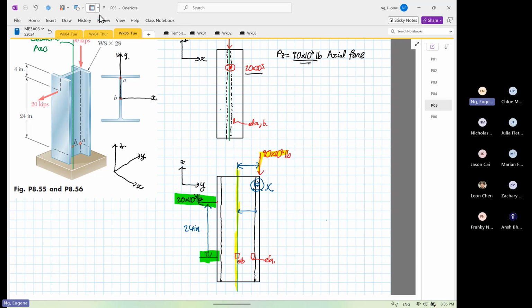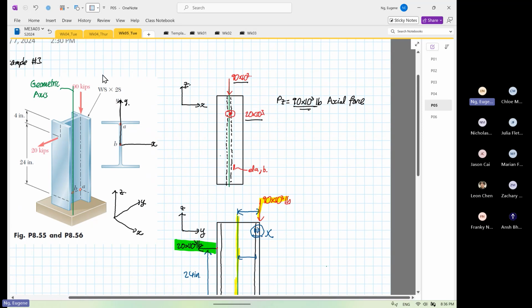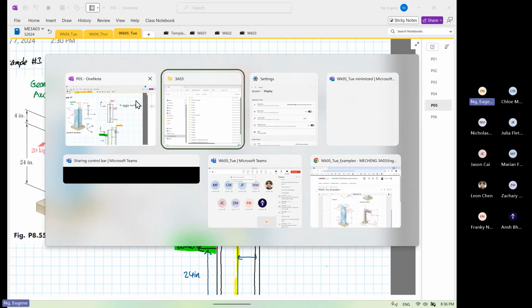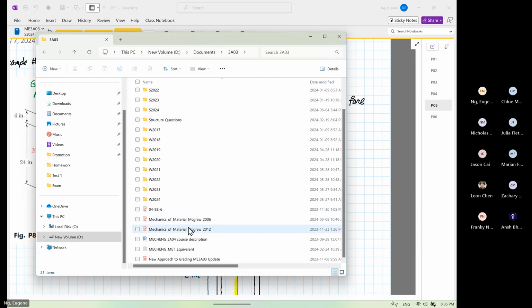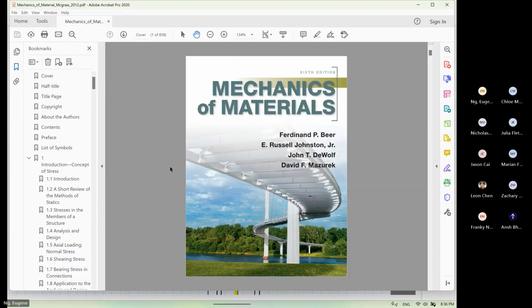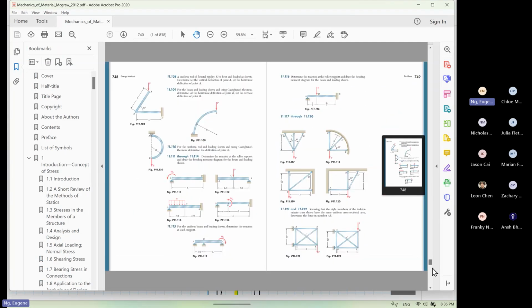Before I go on, we need to find out what this W8x28 is. So you go to the books. Sometimes if I'm doing a homework, I don't give you those values.